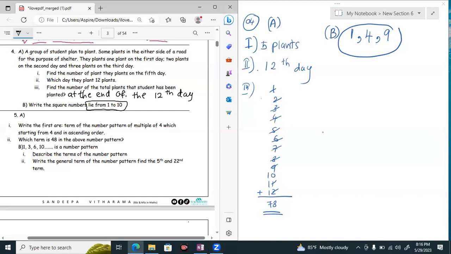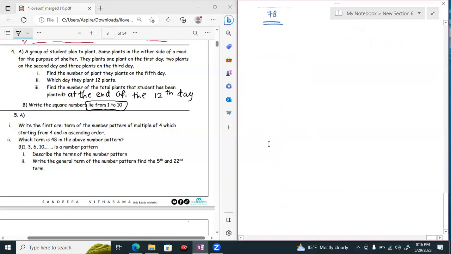It is not asking you to write the first 10 square numbers. They asked to write the square numbers that lie from 1 to 10. You need to understand this well. We have to fight a lot with words when getting the answers.